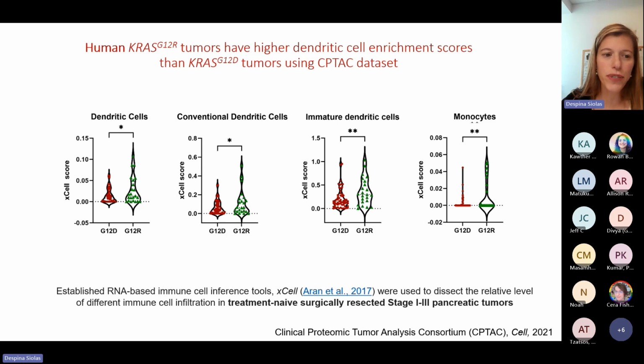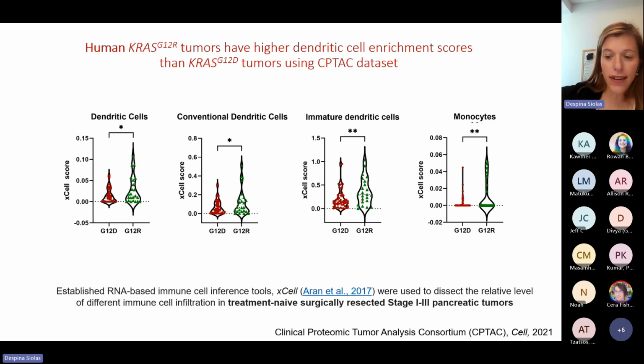And what we found was that there are more dendritic cells present in G12R versus G12D patients. So we were really, very, very excited, because it validates our mouse model, but also gives us an idea that what we're seeing is clinically relevant.